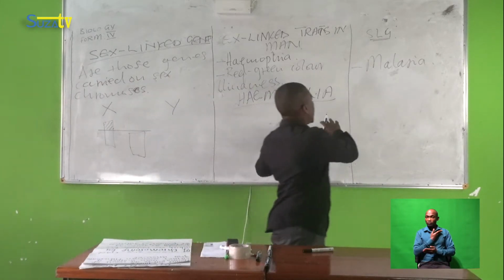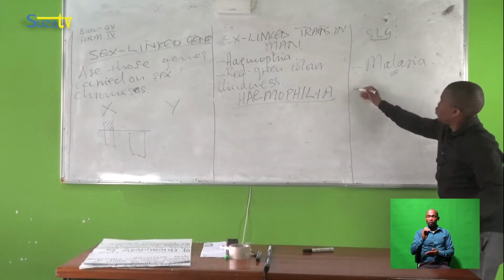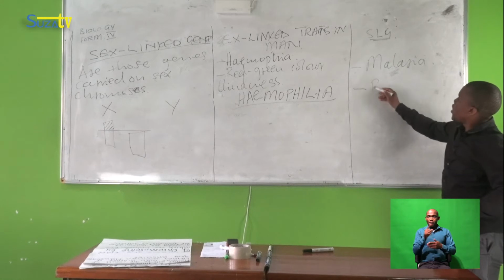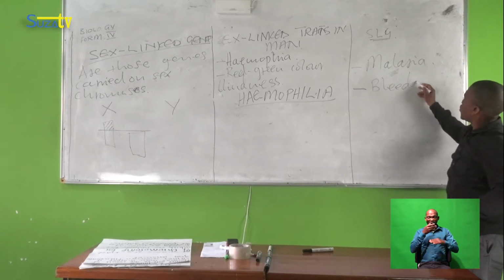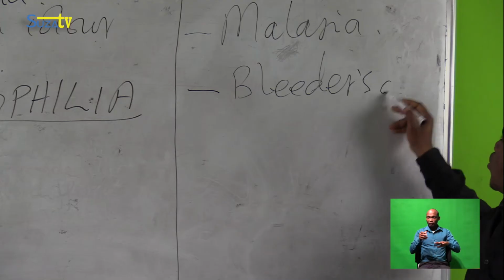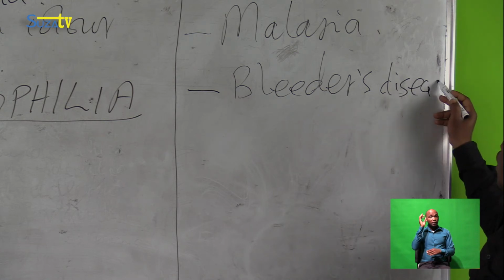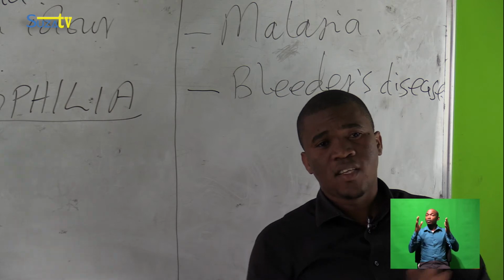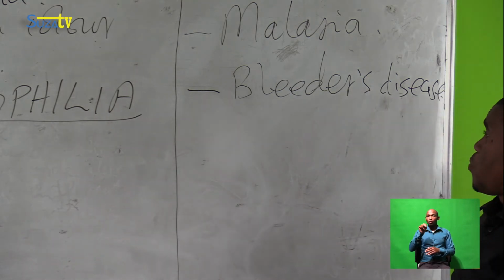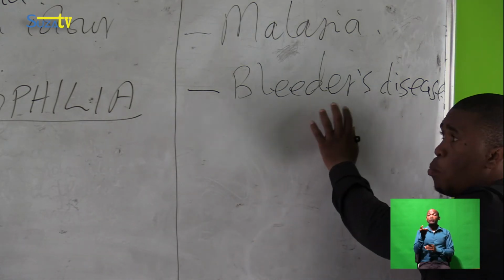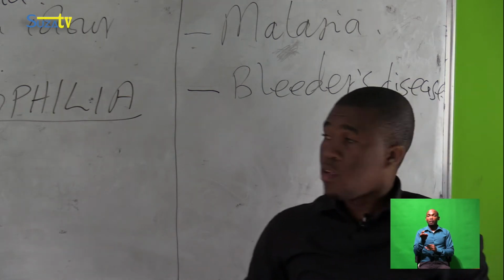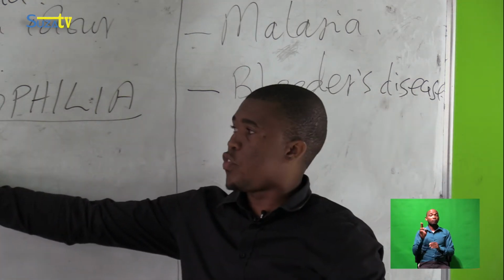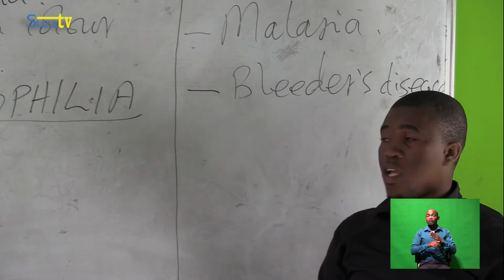So, hemophilia, according to Zuena, is a bleeding or bleeder's disease. Good. Can we clap one for Zuena? Thank you very much. So, this is the main concept in this aspect concerned with hemophilia.